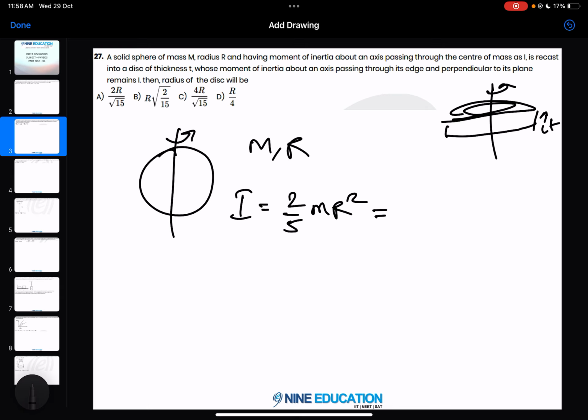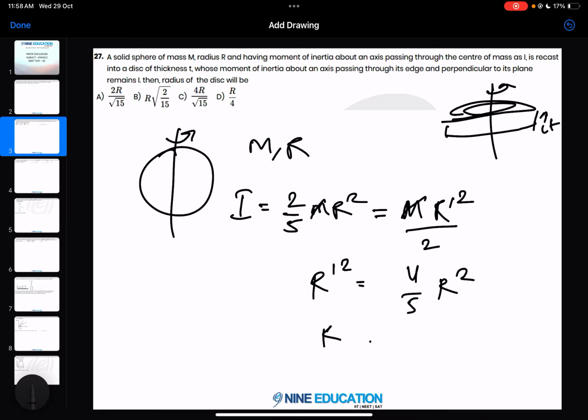Now for the thick disc, moment of inertia will simply be m, the new radius r dash square by 2. The mass is going to remain same, so r dash square is 4 by 5 r square, or r dash will be 2 by root 5 r. It will be option A.